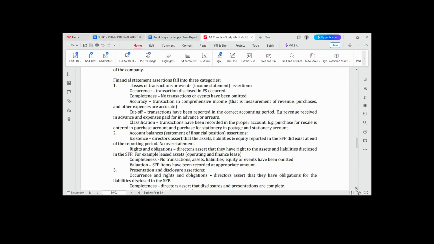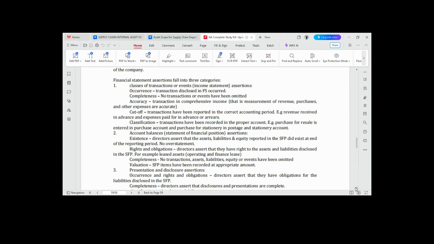Okay? Now, transactions can be omitted in a way that the documentation for that transaction is not complete. And if the documentation is not complete, sometimes you cannot post them because there is some information contained in the supporting documents that you need to key into the accounting system for easy referencing.